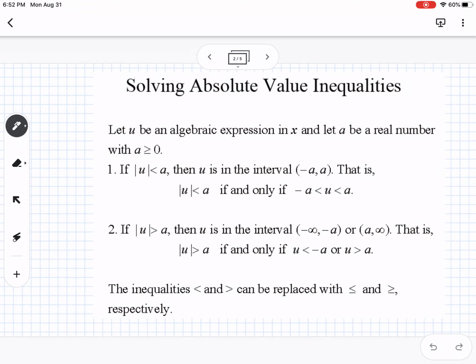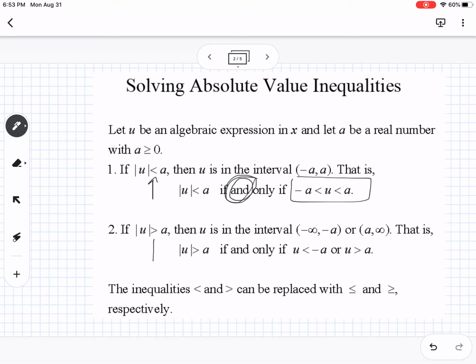Okay, so solving absolute value inequalities, the thing you need to focus on is the direction of the inequality symbol. So if we look at this one to start with, the absolute value is less than something. If it's less than, it means it's going to be an and inequality, which means it's going to be one single compound inequality.